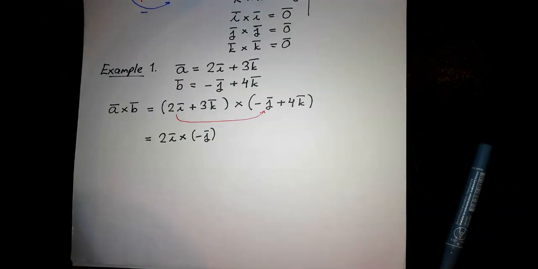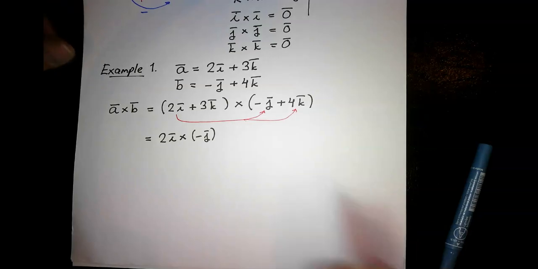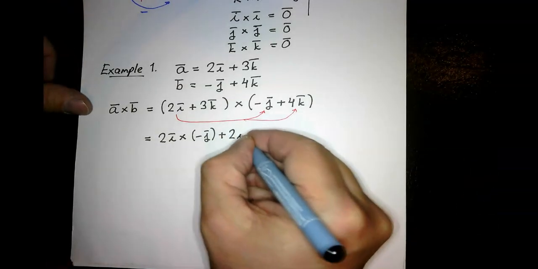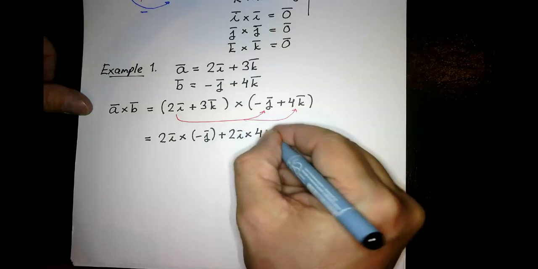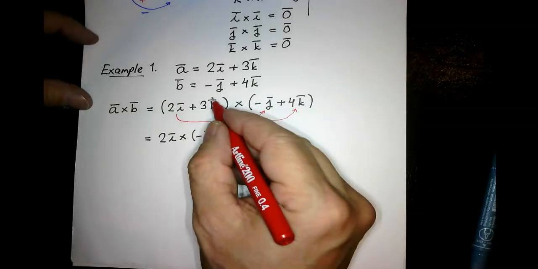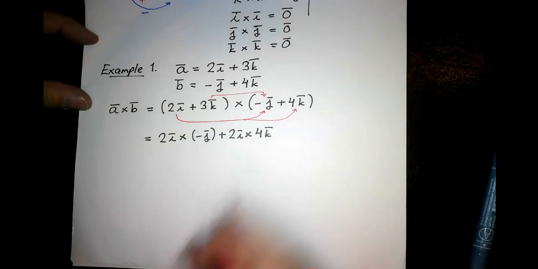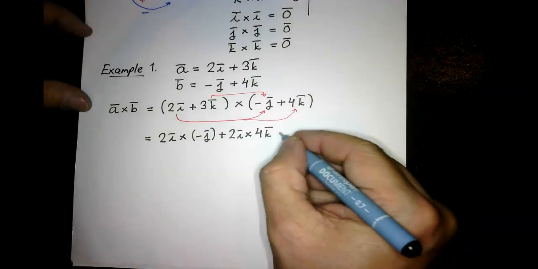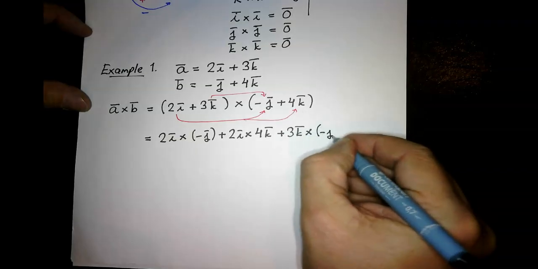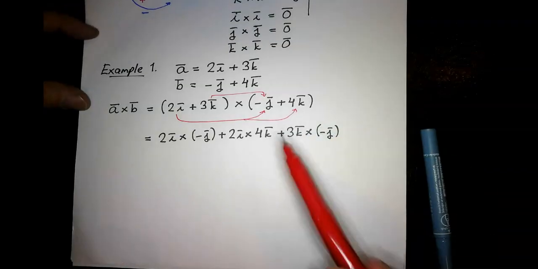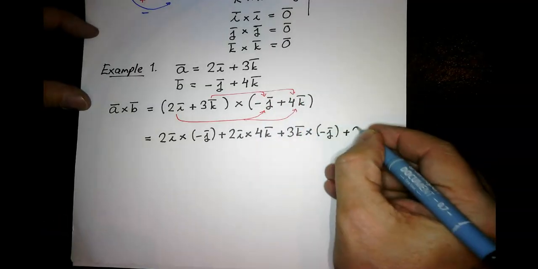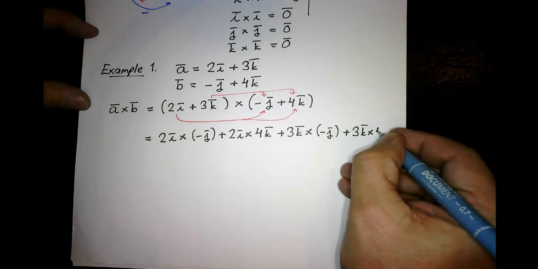Then I will take this multiplication plus 2i cross 4k, and then this one plus 3k cross minus j, and the last one is the last one here, plus 3k cross 4k.